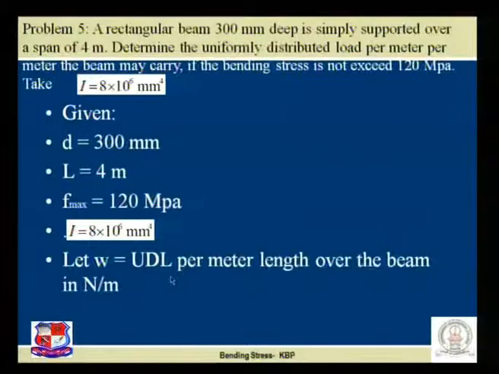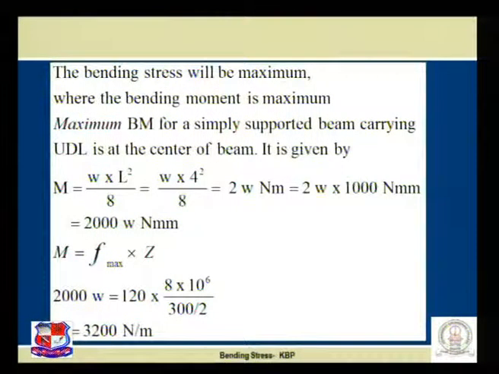Now please recall that we have solved the previous problem, where W is the UDL per meter length over the beam, that is Newton per meter. Then the bending stress will be maximum where the bending moment is maximum.